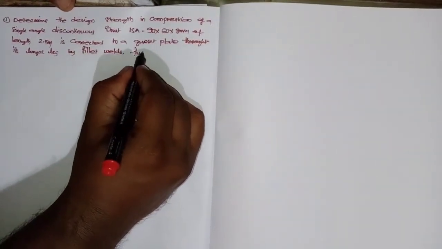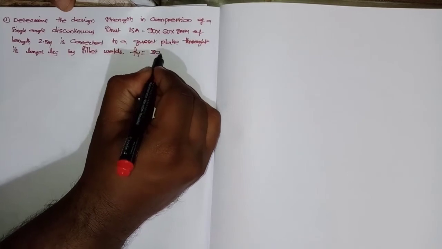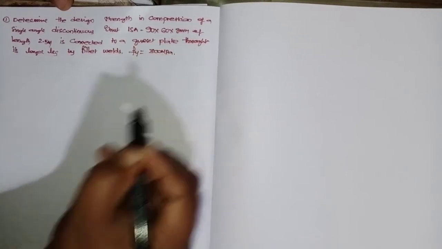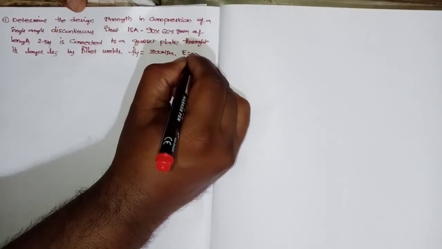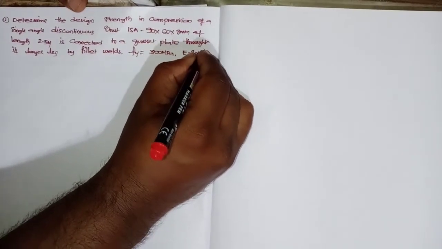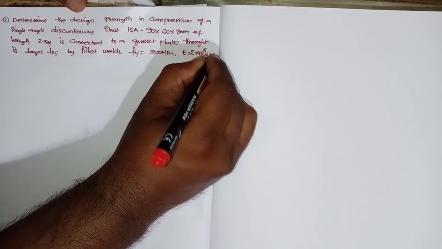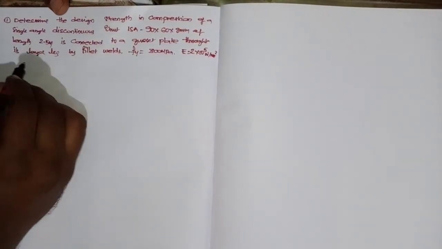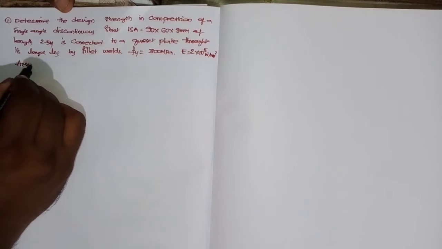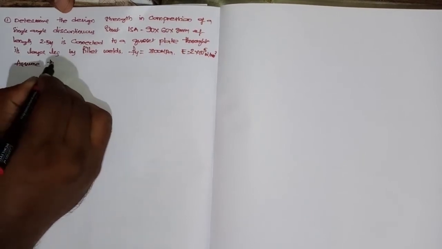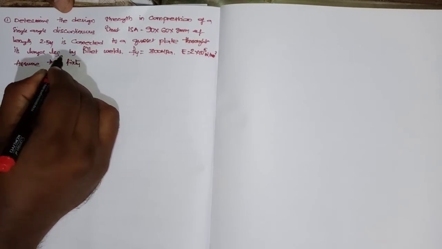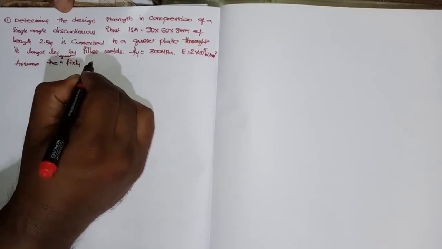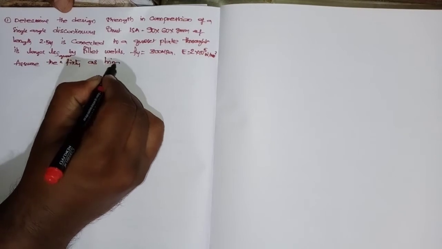Take yield stress of steel as 300 MPa (Newton per mm square), and modulus of elasticity, even though it is not given, it is constant, that is 2 into 10 power 5 Newton per mm square. Okay, and assume the gusset fixity condition as hinged.